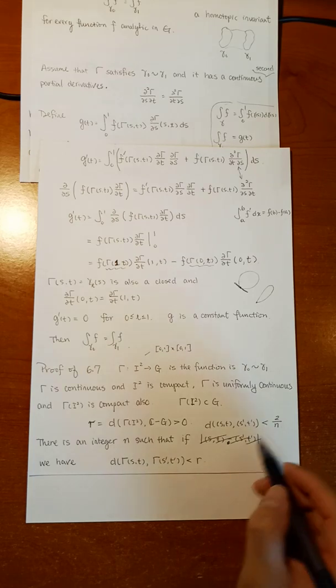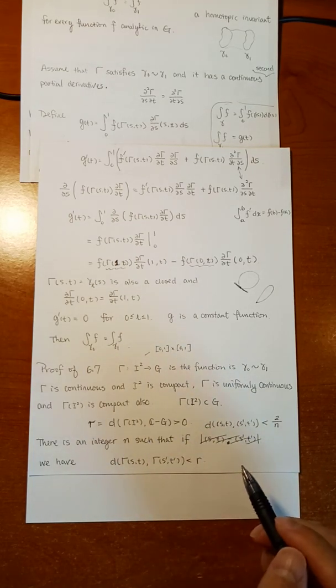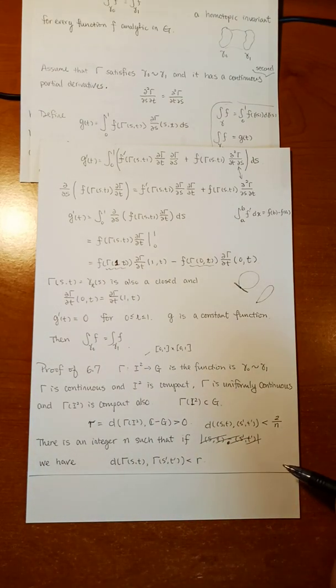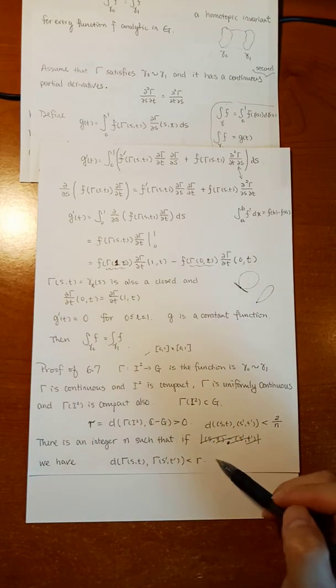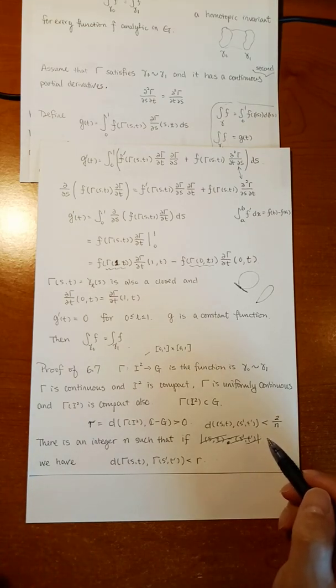Okay, so this is uniform continuity. Here is compactness. So we need both conditions: compactness and then uniform continuity. They are very close if the pre-images are close enough.